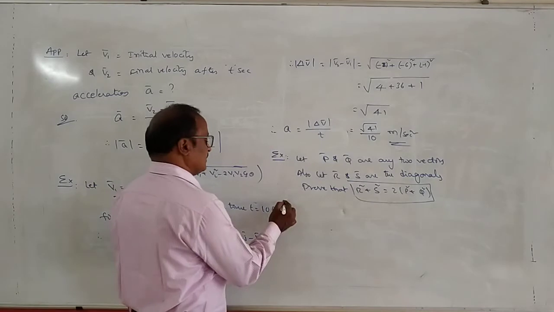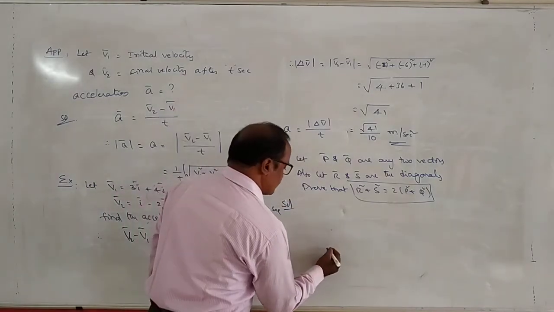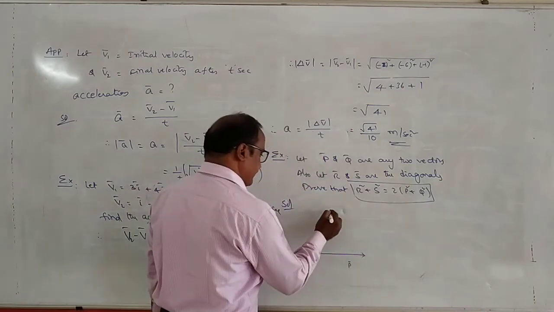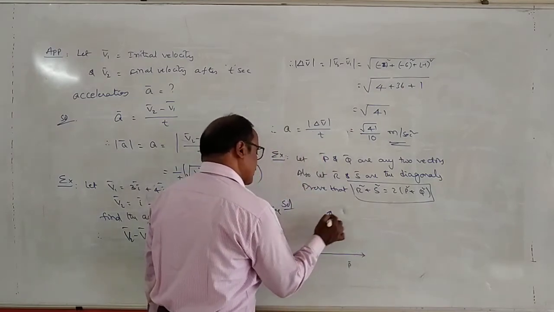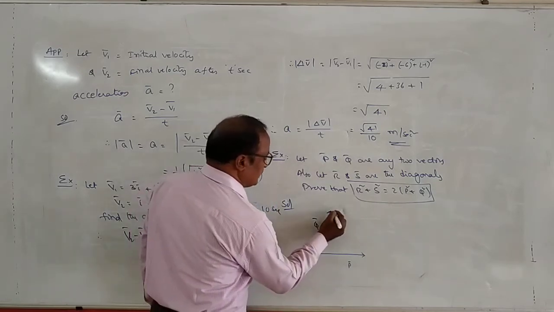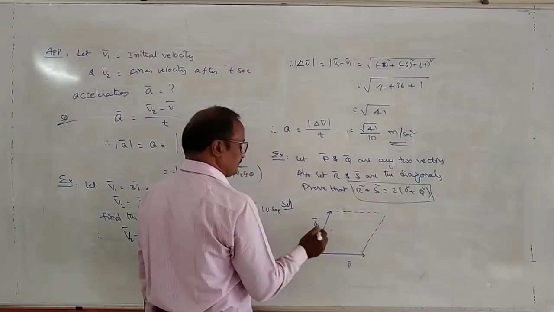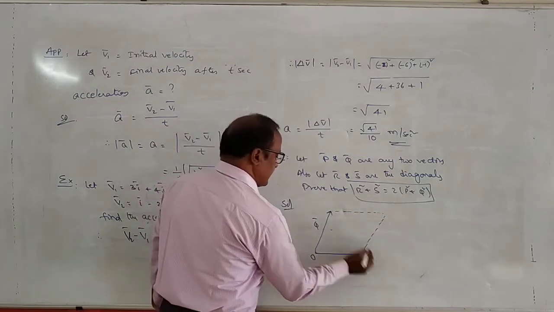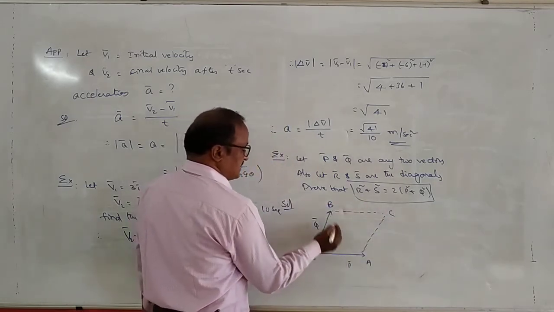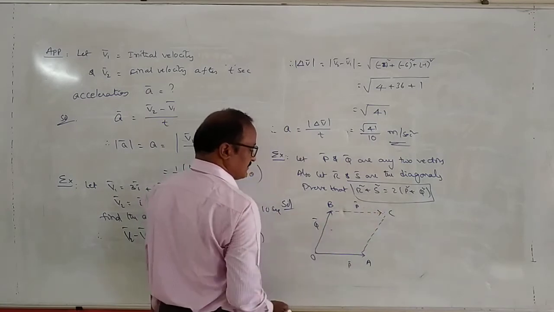See, suppose this is the vector P bar and this is the vector Q bar. Let us complete the parallelogram O, A, B, C. BC bar is parallel to OA bar, which means BC bar is equal to P bar.